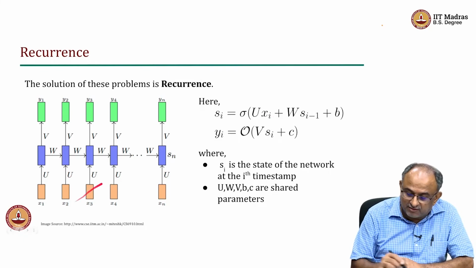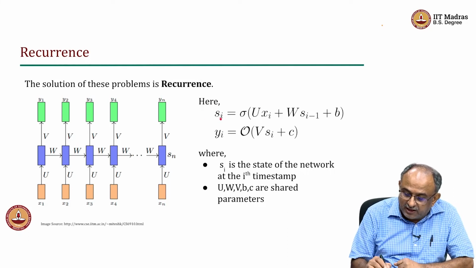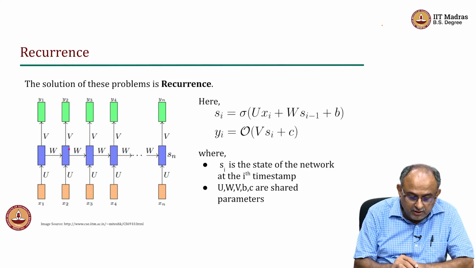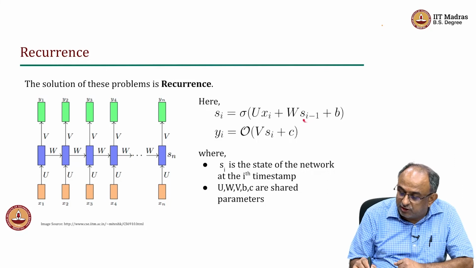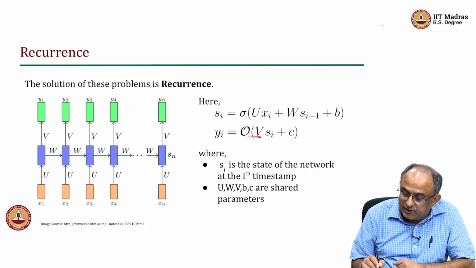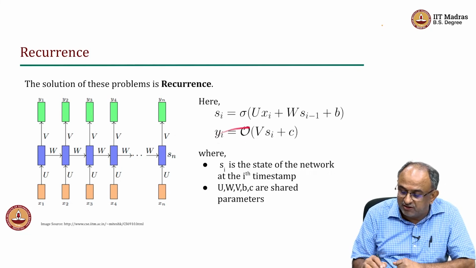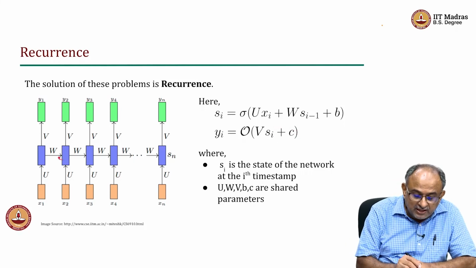If I am looking at the output at S3, let us say i equals 3, S3 will be U times X3 plus W times the previous state S2, and this is a bias term, do not worry about it, that is something that we always do. The output will always depend on the state: Y2 depends on S2, Y3 depends on S3, Y4 depends on S4. So, that is the direct dependence. Okay.